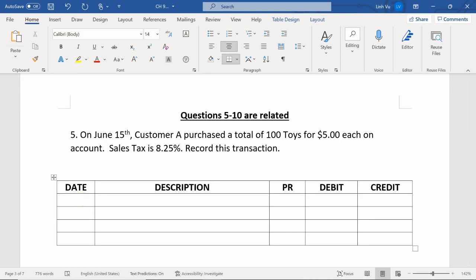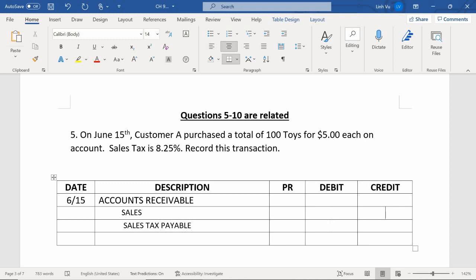You would debit accounts payable and credit sales tax. Accounts receivable, right? Because that's when customers owe you the money. Oh yeah, whoops. Sales and sales tax. Good.